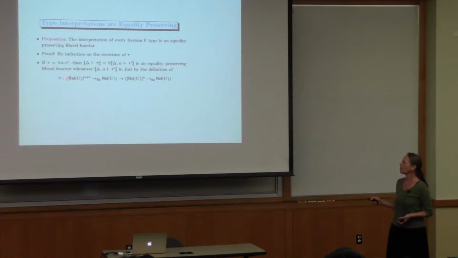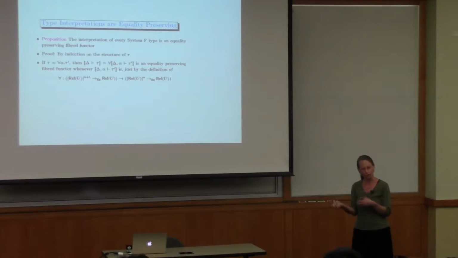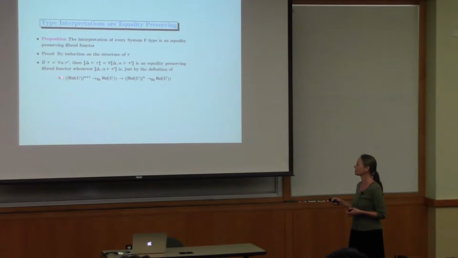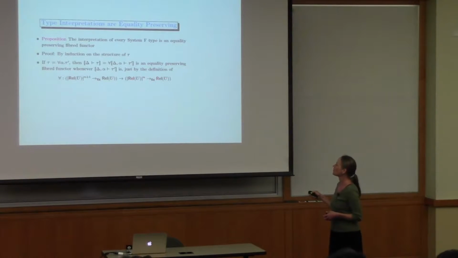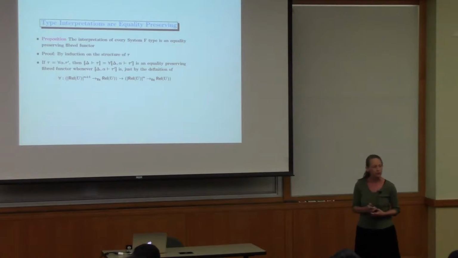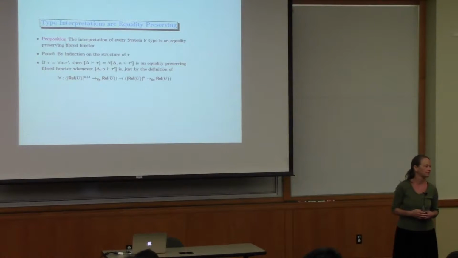This for all takes equality preserving functors to equality preserving functors. The whole definition of for all makes sure that equality preserving things go to equality preserving things. So if this piece is equality preserving, then because for all exists in my fibration, because I'm assuming I have an equality preserving arrow fibration that's also a for all fibration, I know that when I apply for all to it, I get something that's equality preserving. That's how I handle the for all case of the induction.